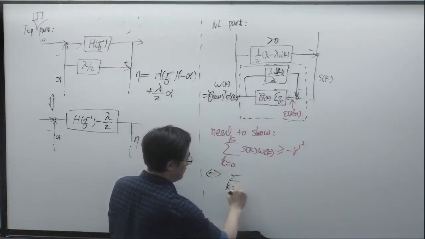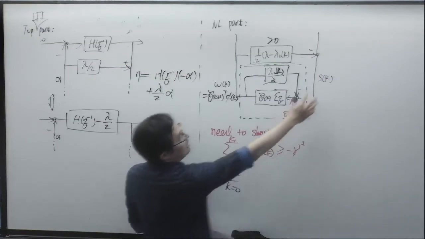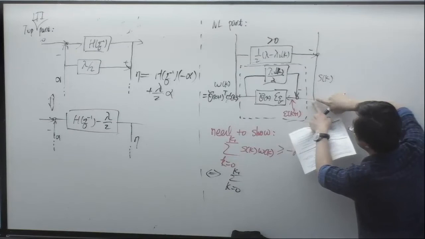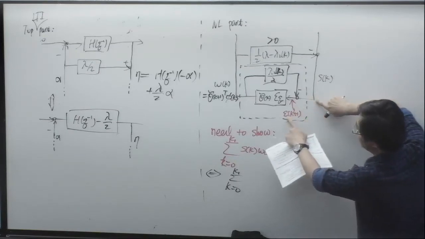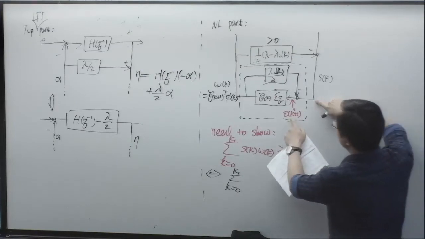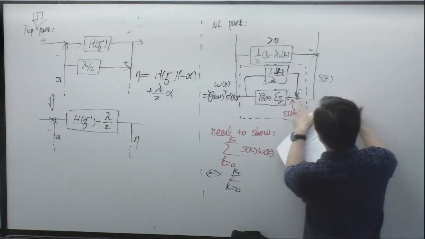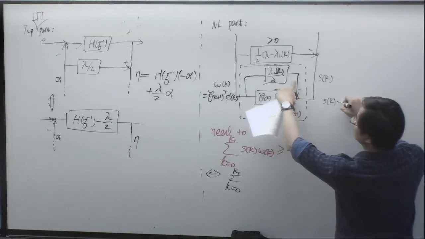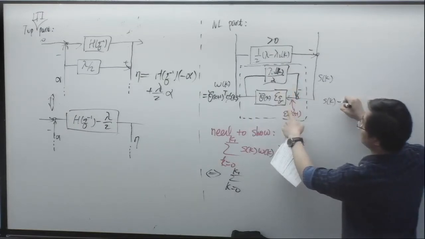summation sk in here. Sk and epsilon k plus 1 have a relationship, which is sk minus this signal equals epsilon k plus 1.